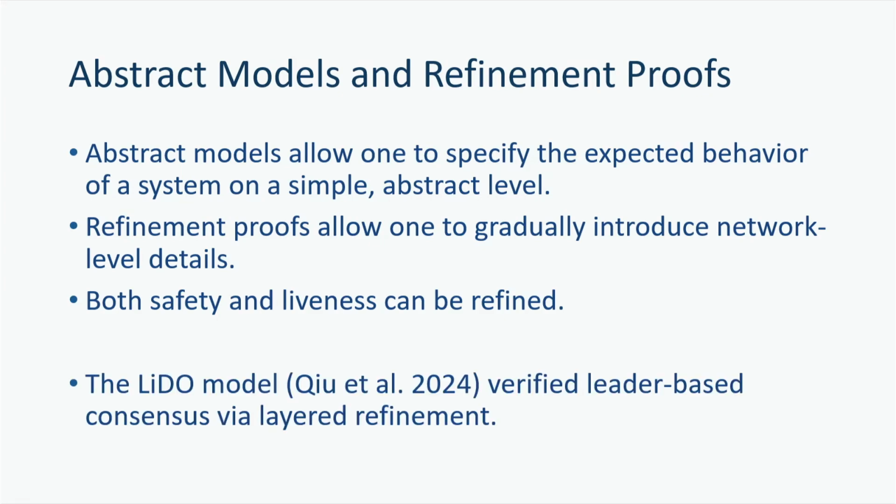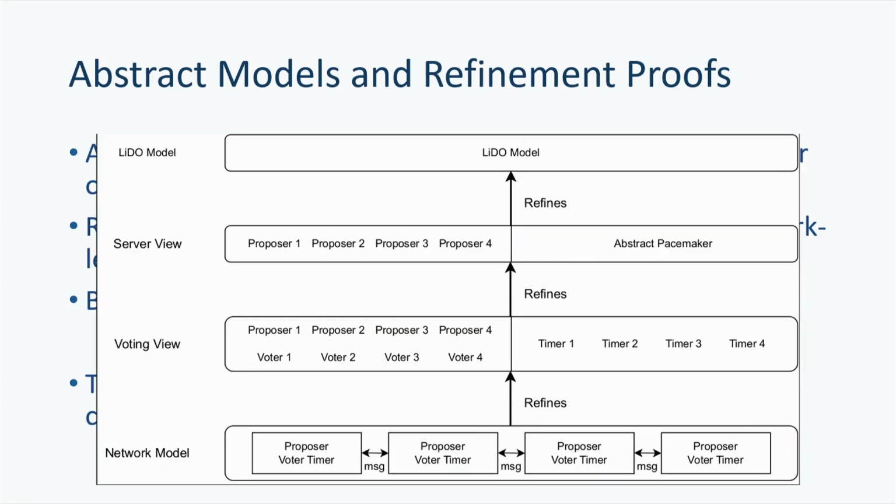In our last year's work, we proposed the LiDO model, which is an abstract model for leader-based consensus, and we applied it to several state-of-the-art consensus protocols. For example, this is how we proved the Jolteon protocol by layered refinement. At the top level, we have this abstract model, and then in the second layer, we add in the proposer state.